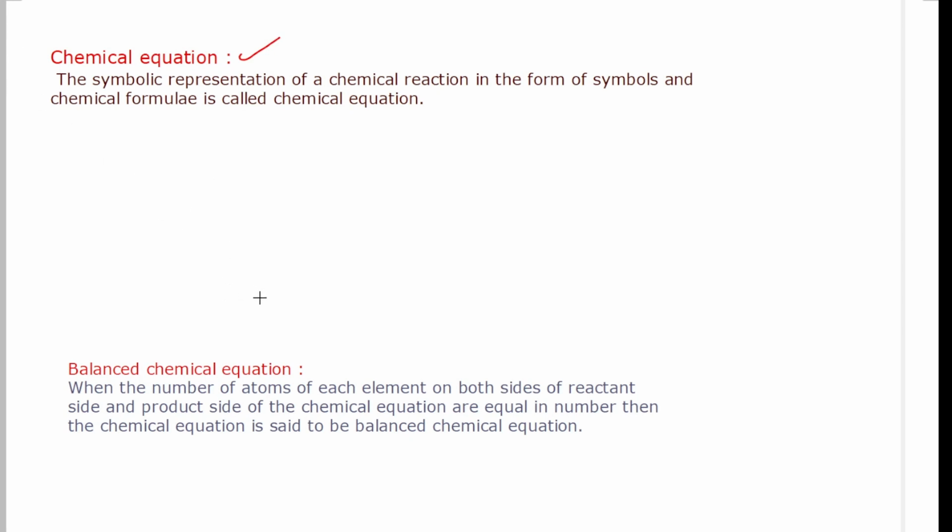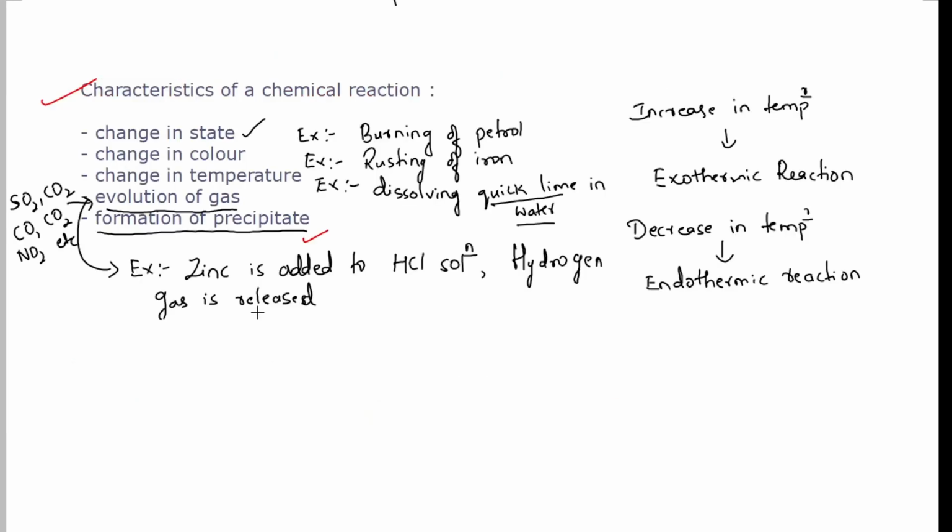Now we are going to understand what we mean by chemical equation. This is a very easy form of representing a chemical reaction. Earlier I said, in the example for evolution of gas, when zinc is added to HCl solution, hydrogen gas is released along with the formation of zinc chloride.